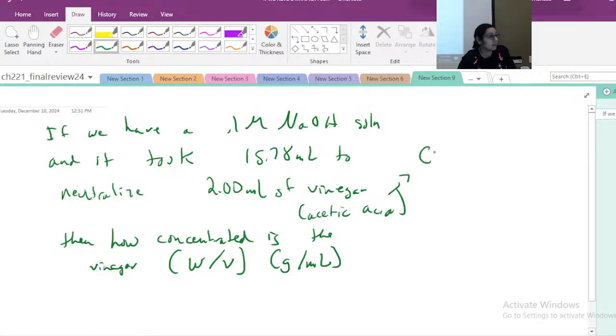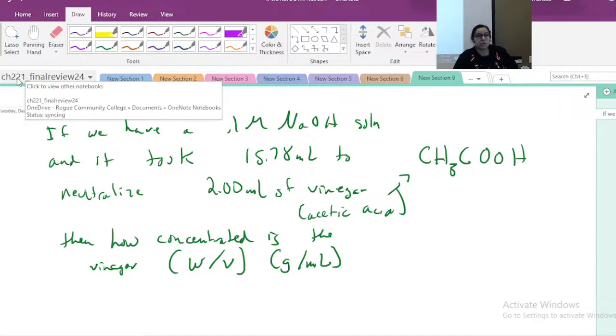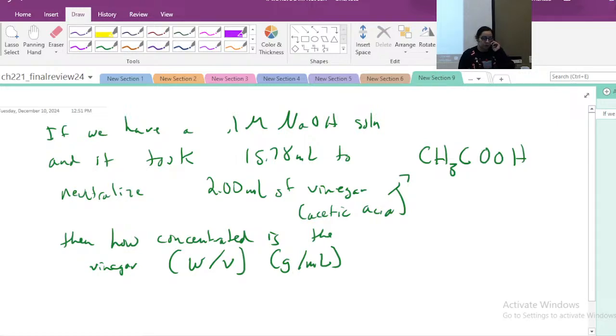So acetic acid is CH3COOH. Yeah, so you can use that for the free response. I guess you can use it for multiple choice too. I'll allow that, the polyatomics.